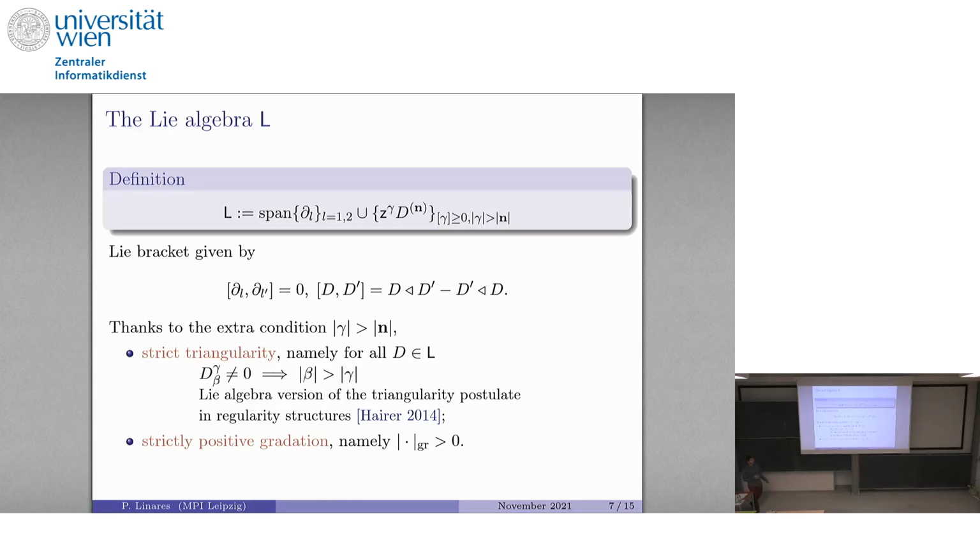On the one hand, strict triangularity, which is the Lie algebra version of the triangularity postulate that Ilya talked about in his lecture. And on the other hand, we can also define a quantity which provides a gradation which is strictly positive in the Lie algebra.